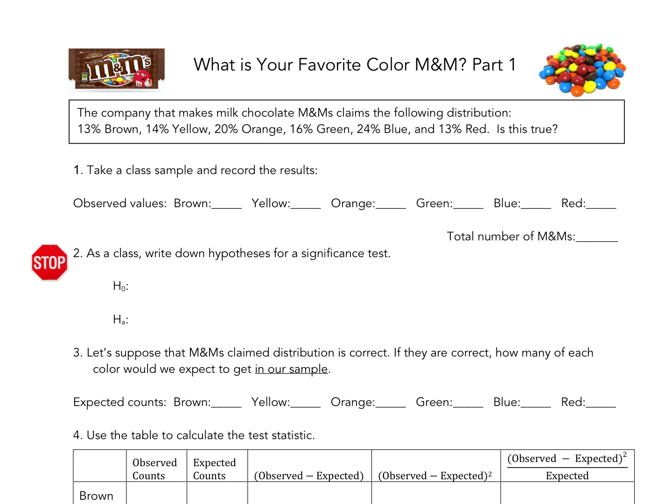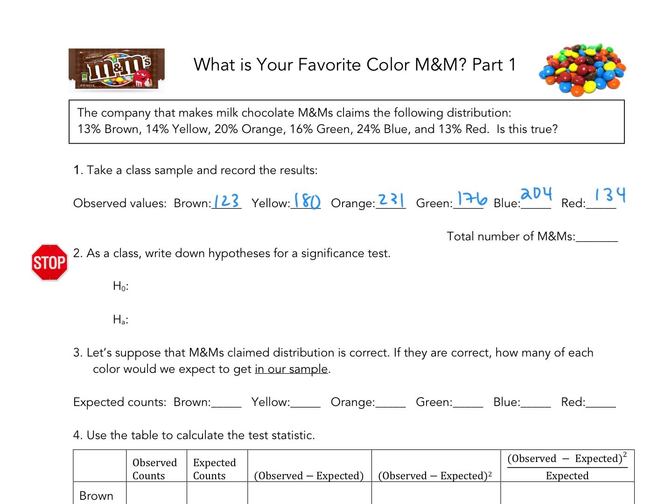Okay, so we're going to do our hypothesis test together. Number 1, it says take a class sample. So I'm going to give us the numbers right now. There were 123 brown, 180 yellow, 231 orange, 176 green, 204 blue, and 134 red.